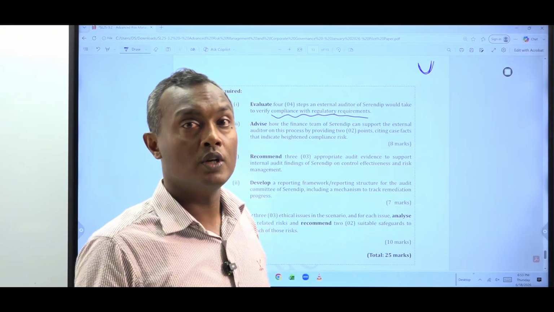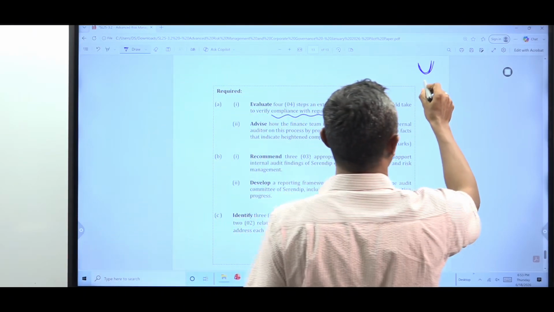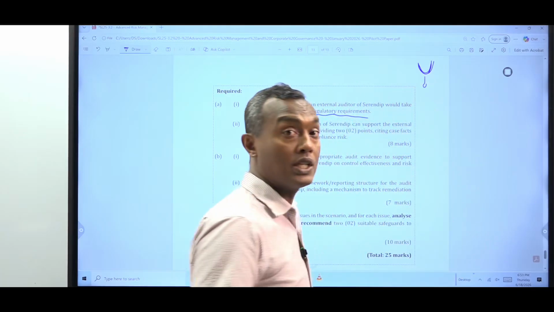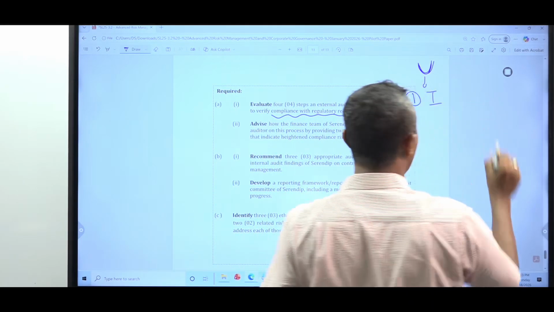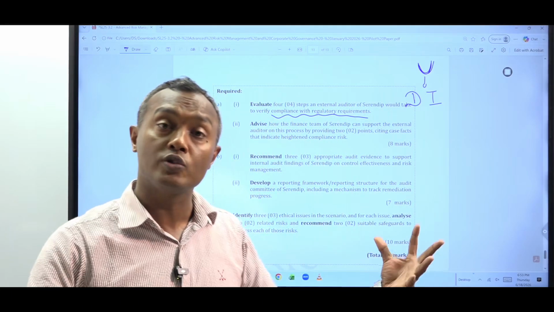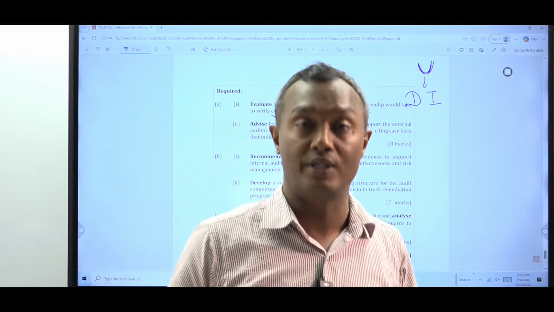Through that understanding, external auditor will see whether company has designed and implemented controls to ensure those laws and regulations are complied with.